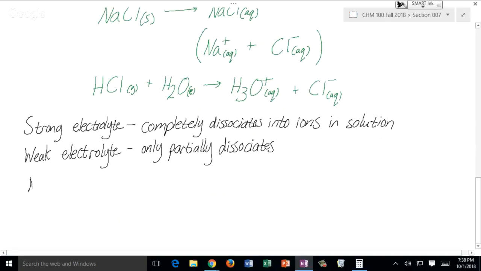And then a non-electrolyte makes no ions. A good example of that is sugar, sucrose. If you dissolve sugar in water, it dissolves, but it doesn't split into ions. It's still whole molecules. The molecules are just separate and surrounded by water molecules now. It hasn't formed any ions. So in order to be an electrolyte, something has to form ions, which means it has to be either an ionic compound or an acid.